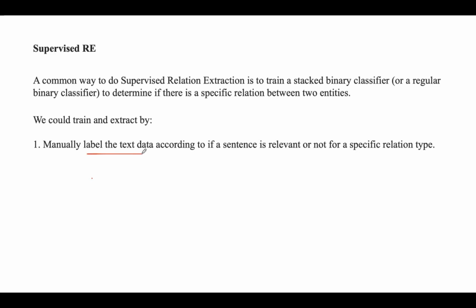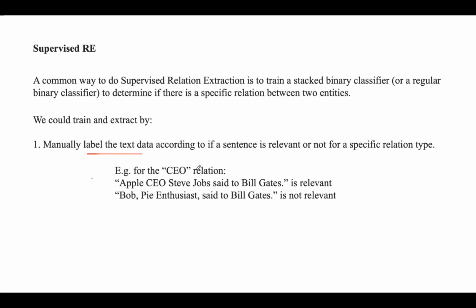So we need to give labels to the text data by finding relevance. If you take this example, say the relation is the CEO relation. Now we need to check whether these sentences are relevant or not, and based on that, provide labels to the sentences.